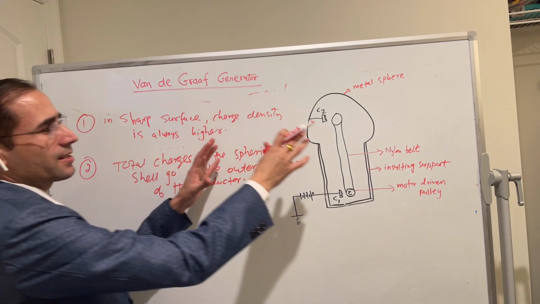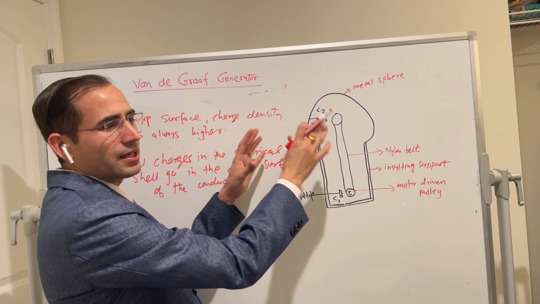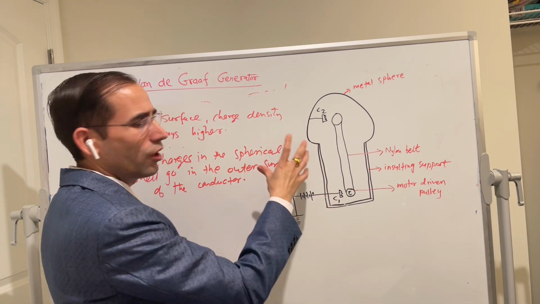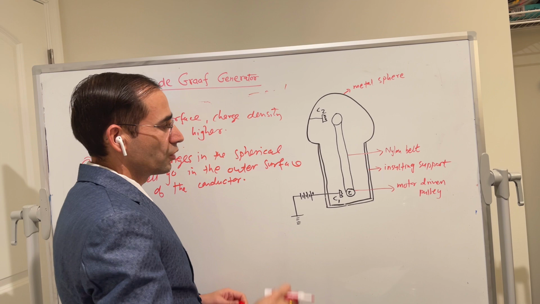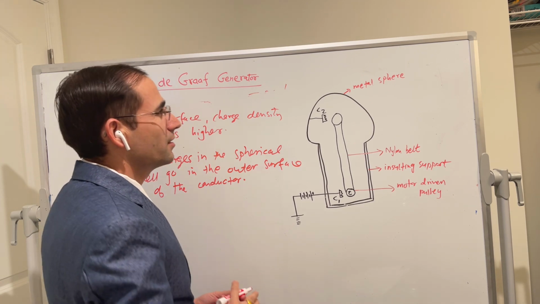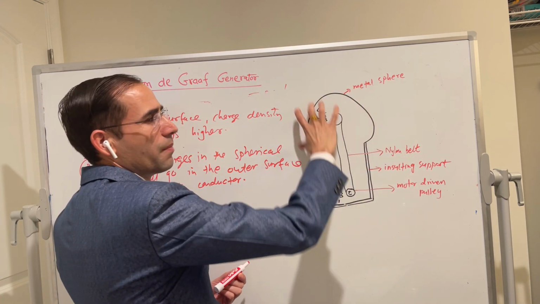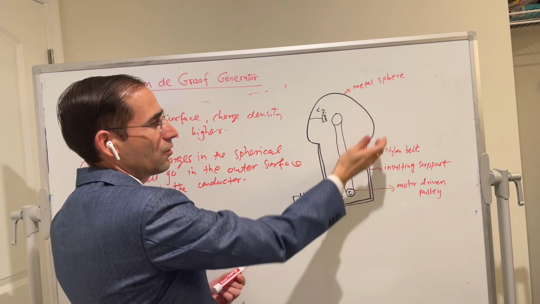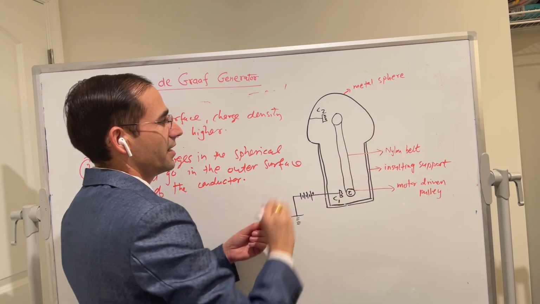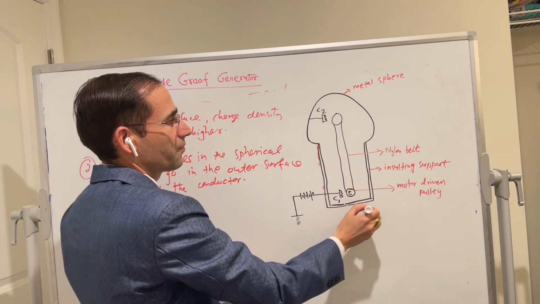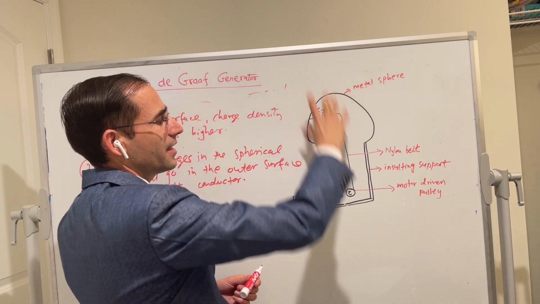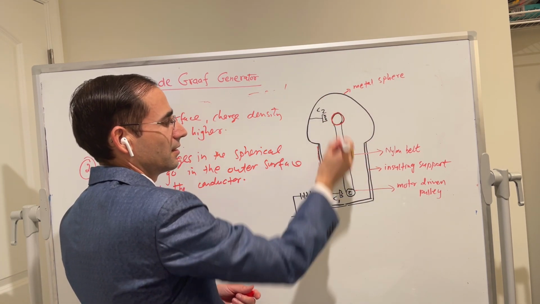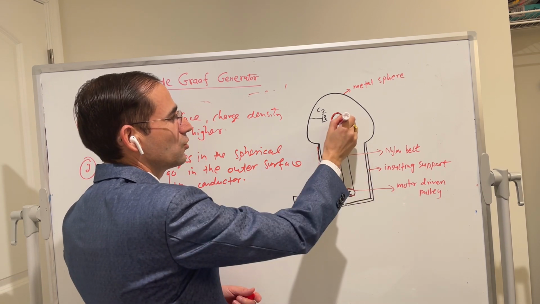Now, this is the diagram for the Van de Graaff generator. So it has the following components. Here you need the metal sphere, a hollow metal sphere, and to make this stand on the ground, you have the insulating support here. You can see this is the insulating support, and inside this you connect the two pulleys by the insulating belt.